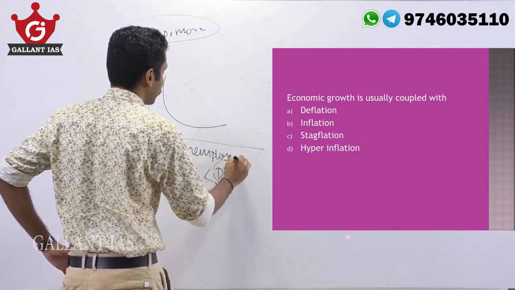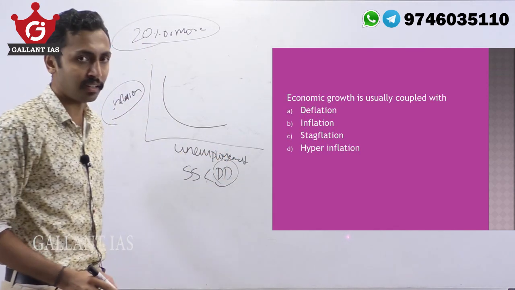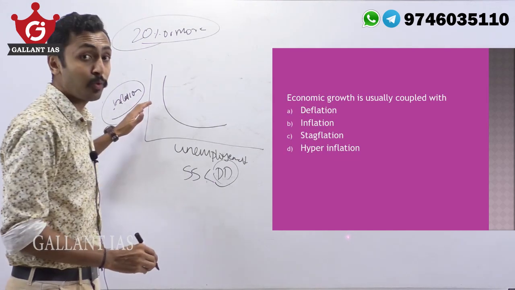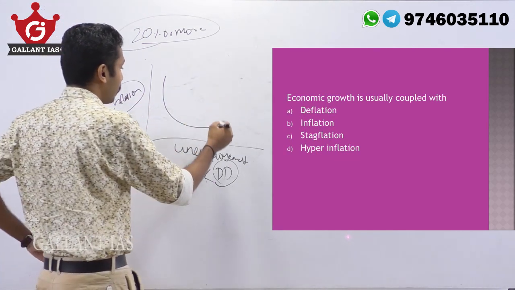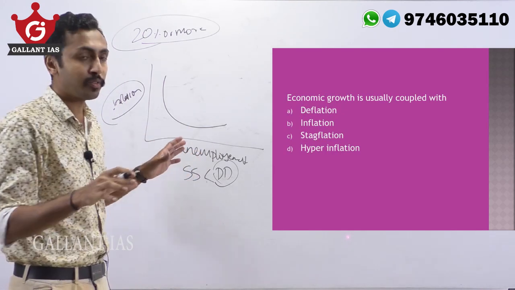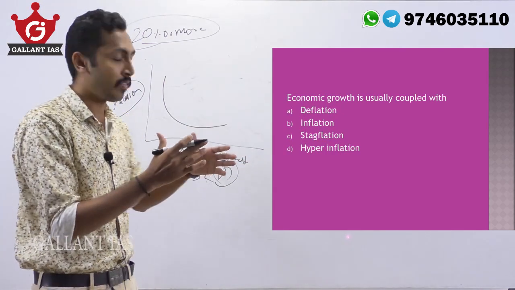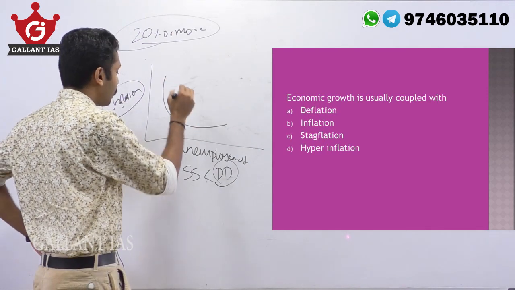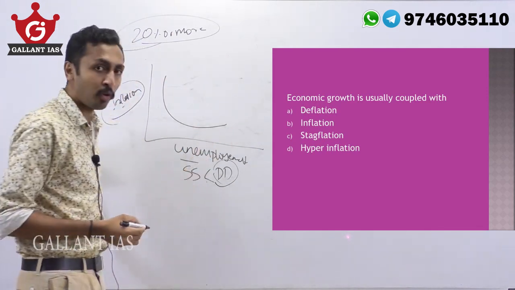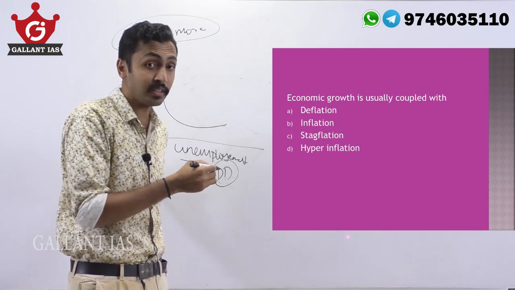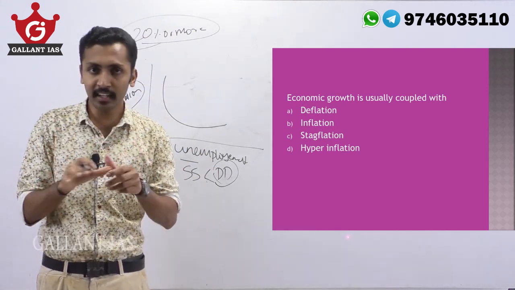When inflation increases, unemployment decreases. This is up to a level. Beyond that level, it goes out of control, leads to hyperinflation and the economy will collapse.